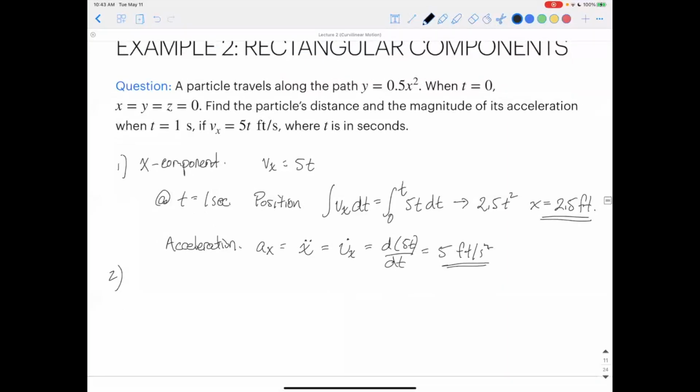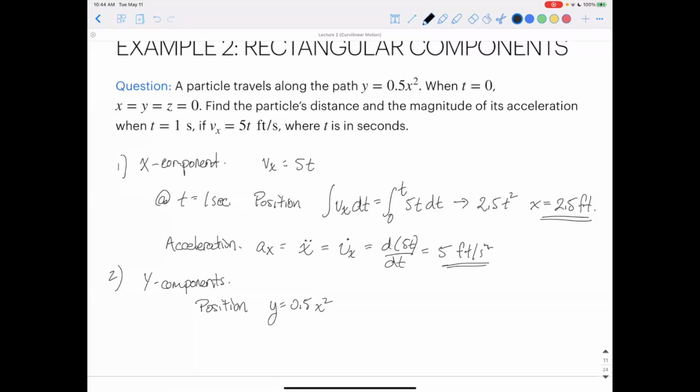So now we've done our x components, let's look at our y components. We know our position as a function of x, so for our position, y is equal to 0.5 x squared.